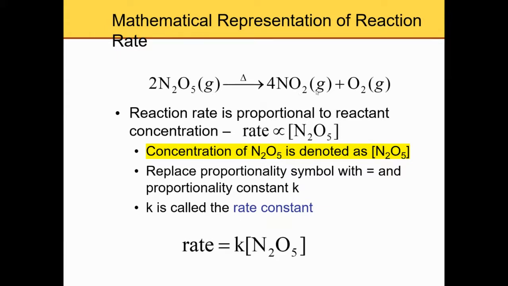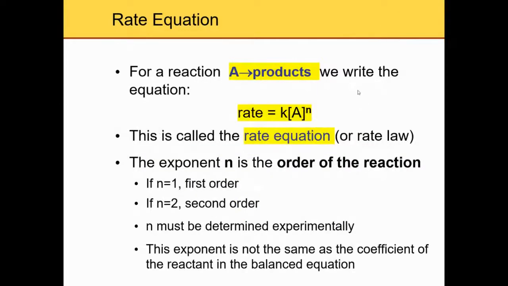So for this reaction, the reaction rate is written as this: k is a rate constant multiplied by the concentration of the reactant. That's the reactant and the product.